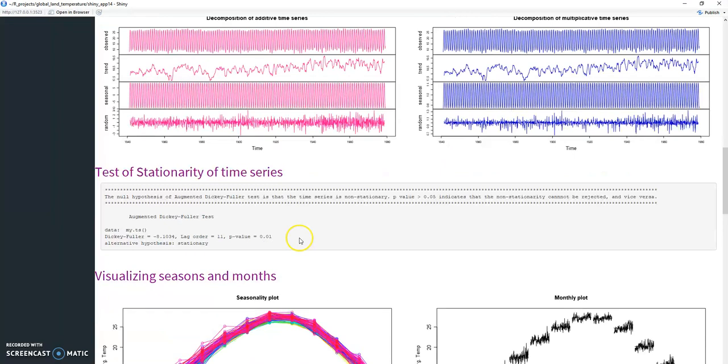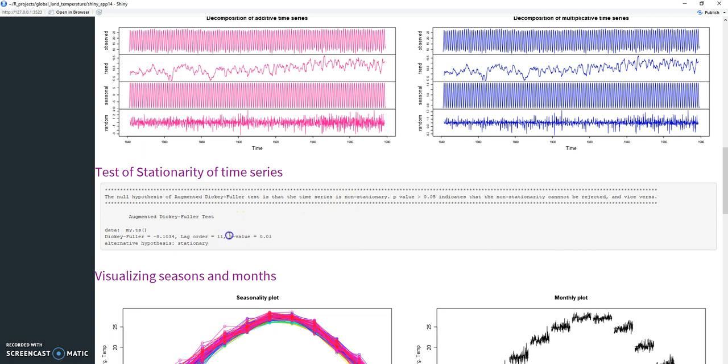If you want to do a statistical test to confirm this hypothesis, there is a test called the augmented Dickey-Fuller test, where the null hypothesis is that the time series is non-stationary, and the alternative hypothesis obviously would be that the series is stationary.